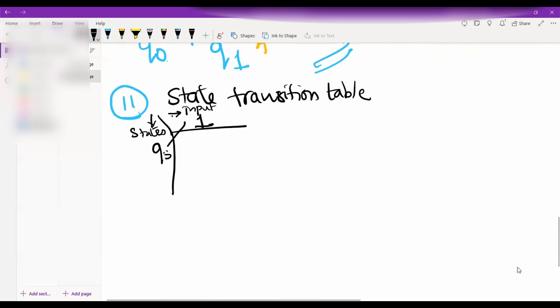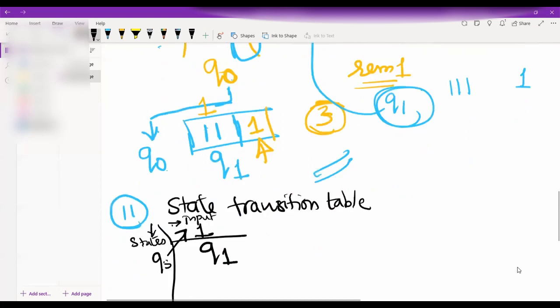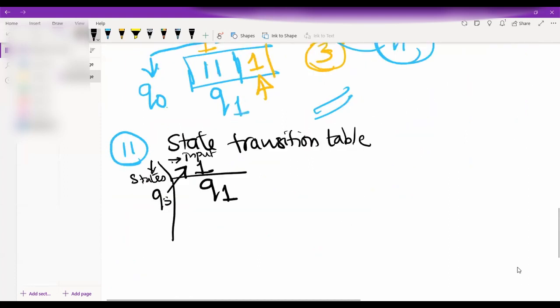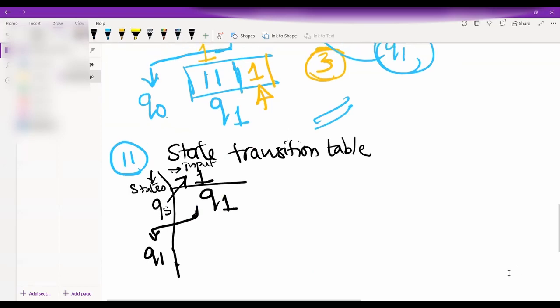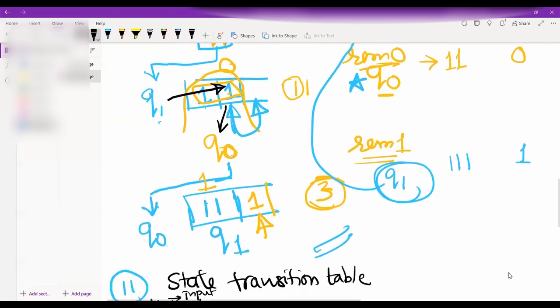Now the resultant state is Q1, so in this table we are going to consider the next state Q1 itself. So we'll write Q1. Now we will consider Q1 with the next bit 1. Where is it going? It is moving to Q0.